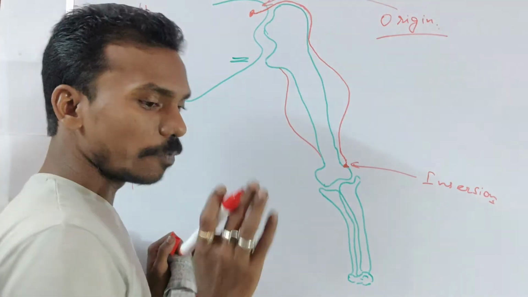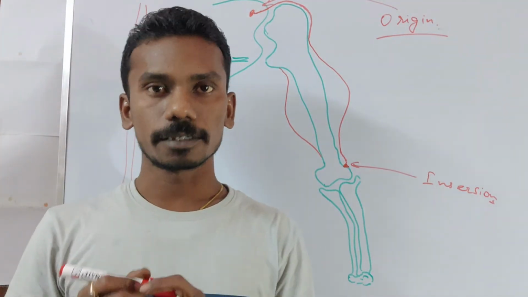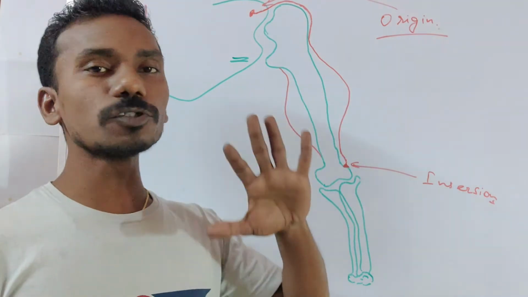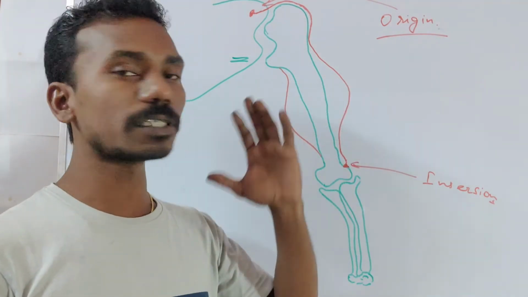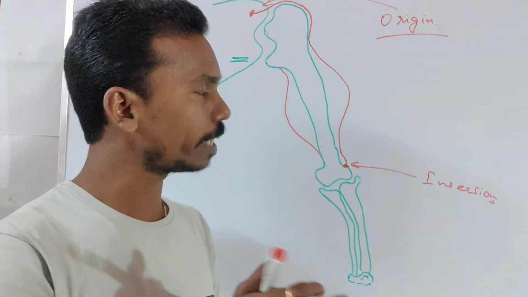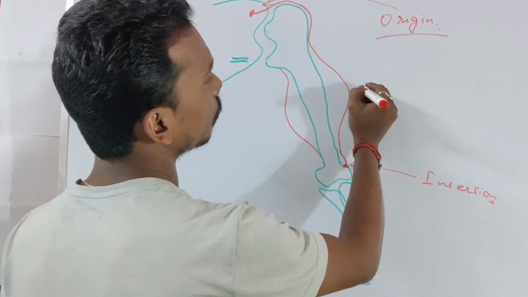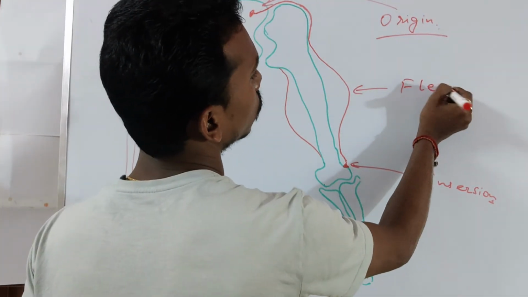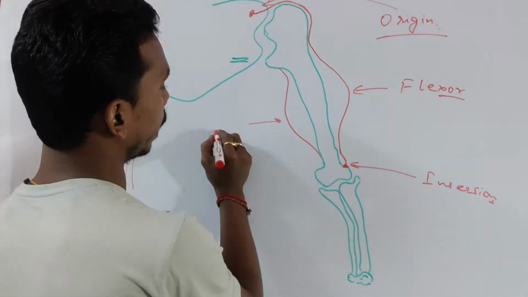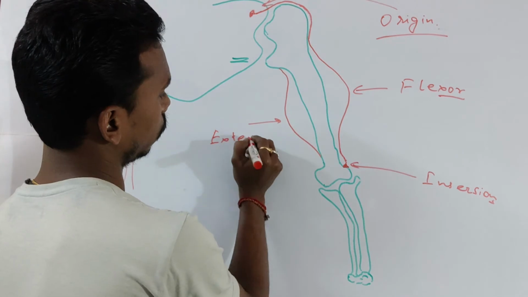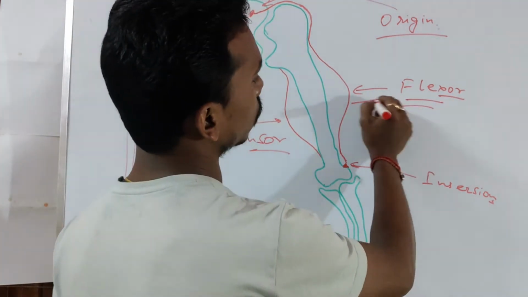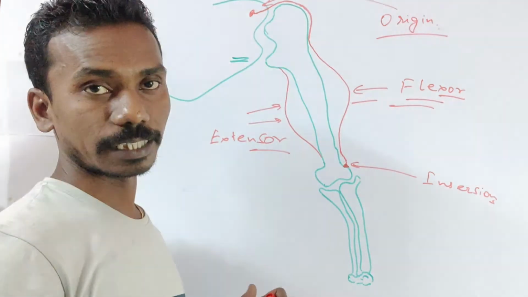And then you will be amazed to know, or maybe you have heard it earlier, that skeletal muscles are present in pairs, opposite pairs. If this is a flexor muscle, that is the bicep, then there will be an extensor muscle.